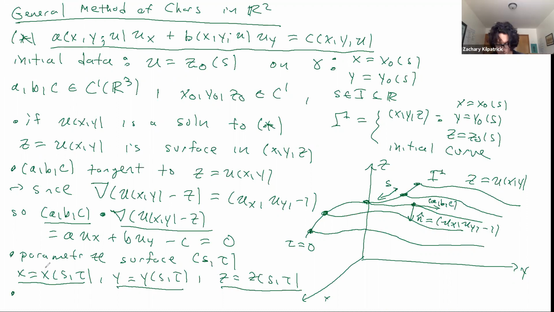So once we solve for those, we can recover u of x, y by inverting x equals x of s, tau, and y equals y of s, tau.